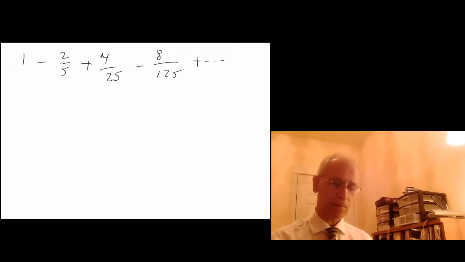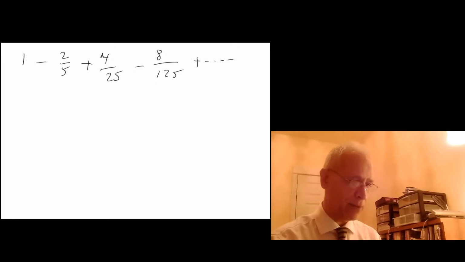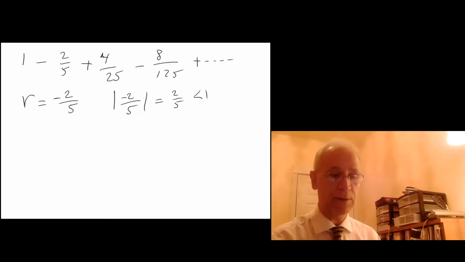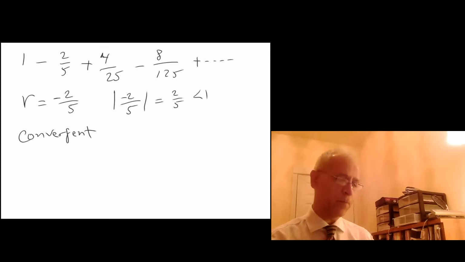Well, to find the common ratio, I divide any term by the previous one. So I get r equals negative 2/5. And the absolute value of negative 2/5 certainly is less than 1. So this is convergent. What does it converge to?